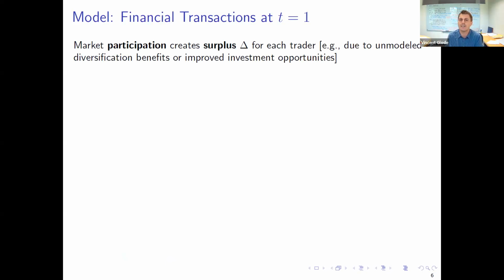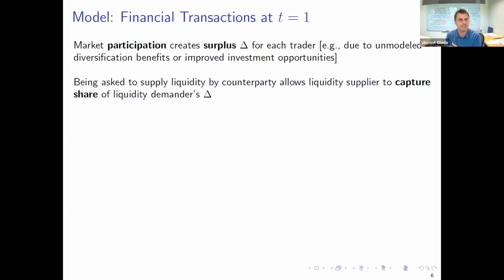And then when the transaction happens, you might have to share that delta, right? More specifically, if you're asked to supply liquidity by a counterparty, then it allows you to capture a share of that liquidity demander's surplus.